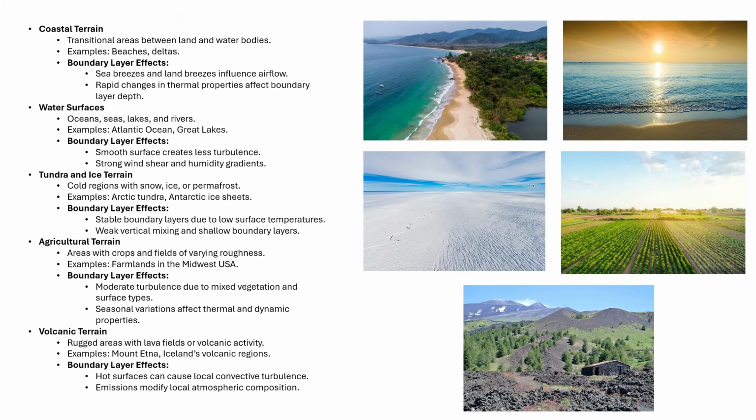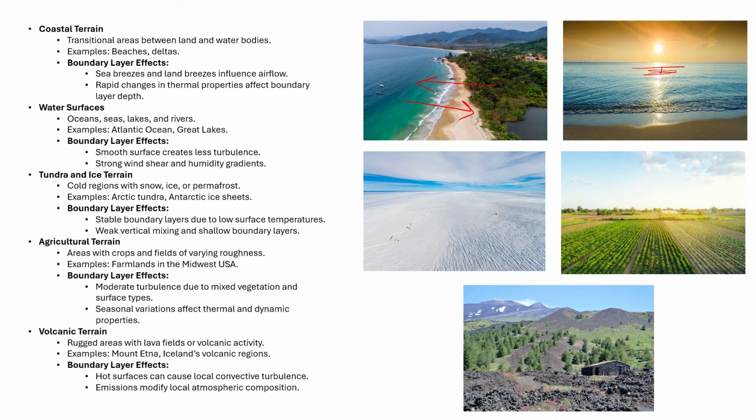Then coastal terrain, like the seashore. As already discussed, there will be a sea breeze during the daytime and a land breeze during the night time, which will affect the flow properties inside this coastal region. Then water, if you take ocean, sea and all, it is almost a smooth surface with very little turbulence, and the boundary layer is also very shallow here. And next one is the ice terrain.